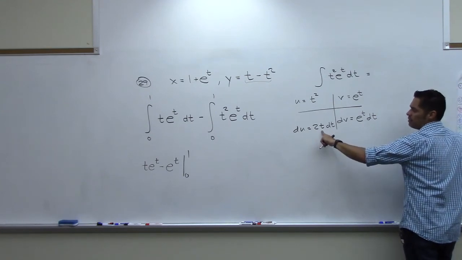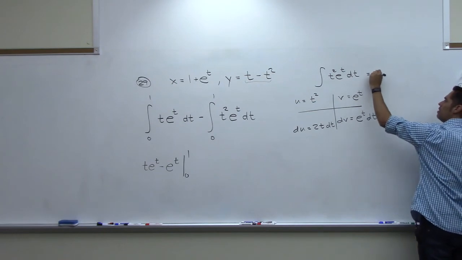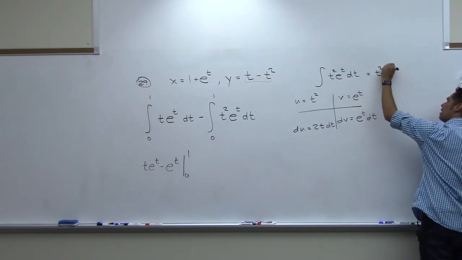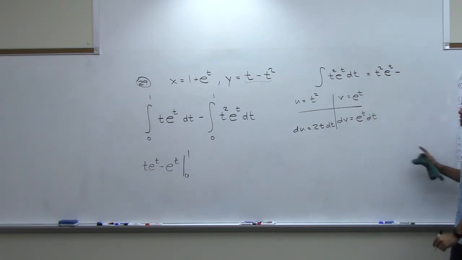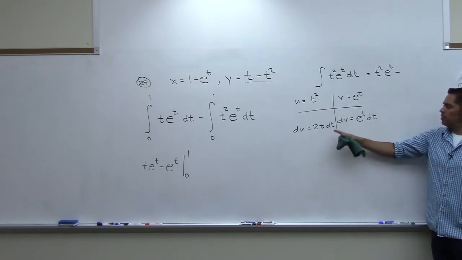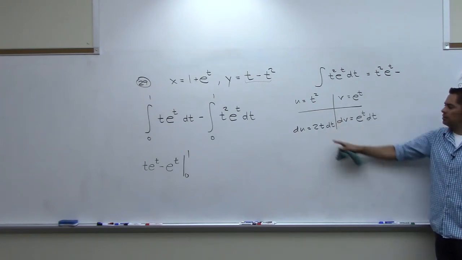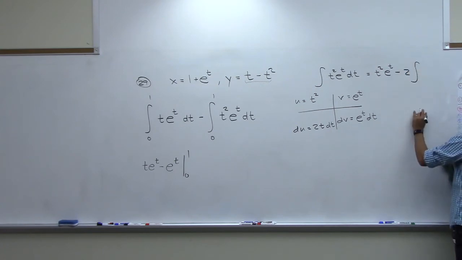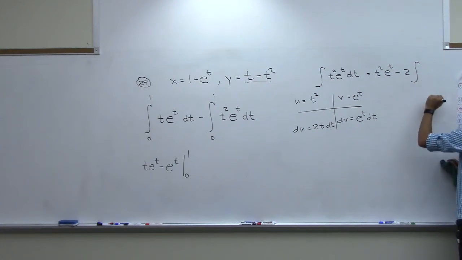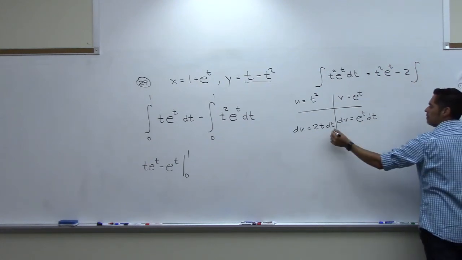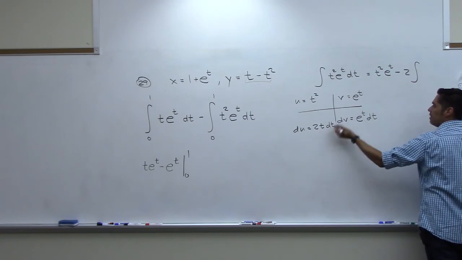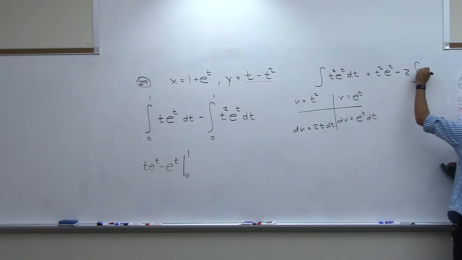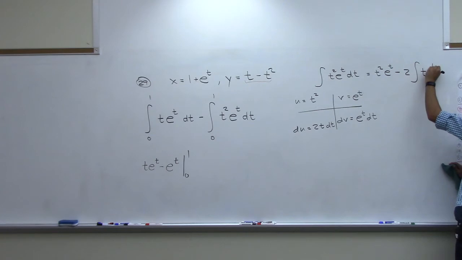This will go right in because this is not basic u-substitution. So u v will be t squared e to the t minus, now your integral voodoo, and this is where I'll pop the 2 out. So 2 integrals of t dt times e to the t, right? So t e to the t dt.